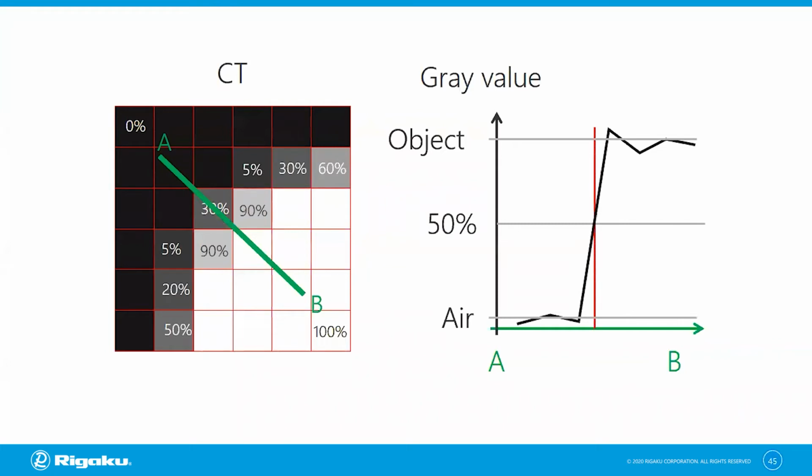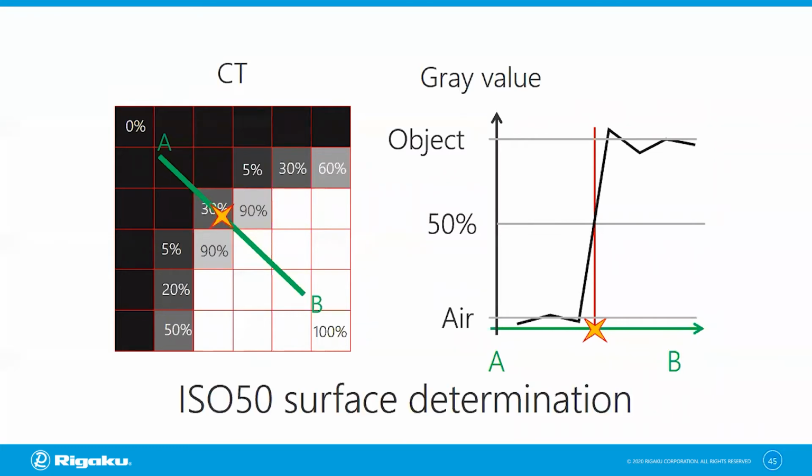Then figure out where that point is on the line A to B, and mark that as the surface or the interface between black and white. And this point is here in the image. So you can see that when you do it this way, you are not bound by the voxel grid anymore. You can put the interface right in the middle of the voxel. And this is called ISO 50 surface determination.